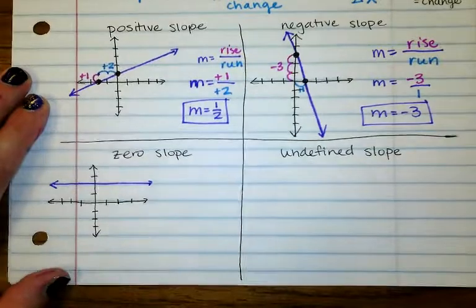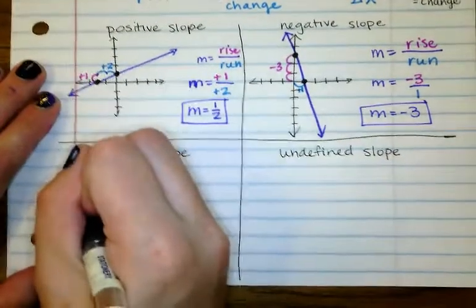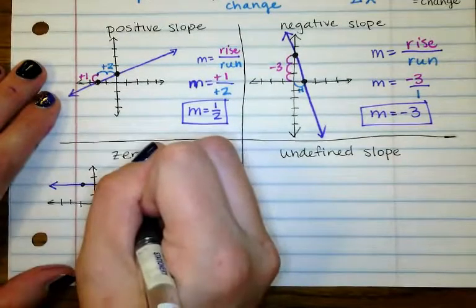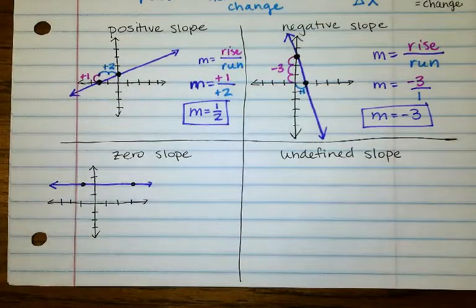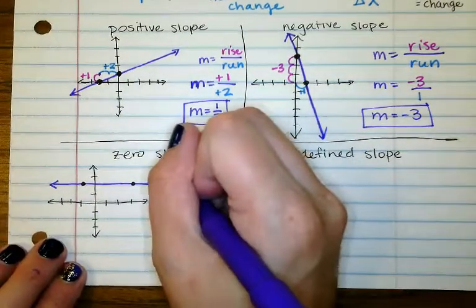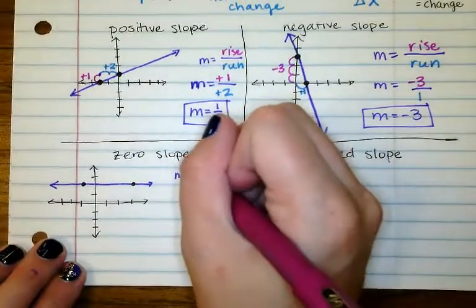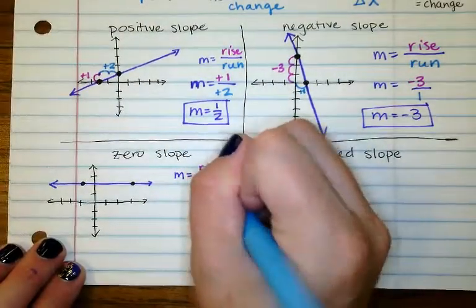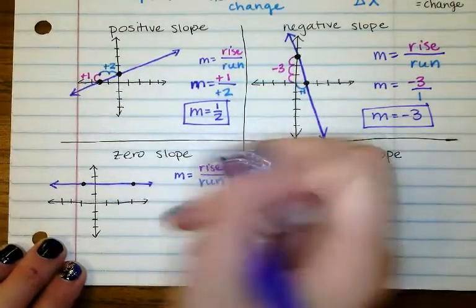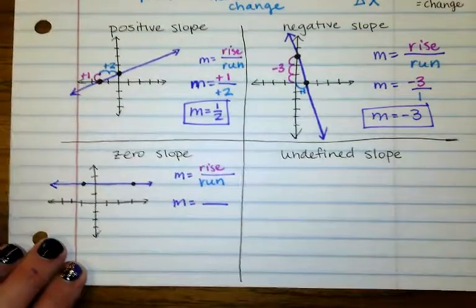Okay? Because check this out. If I pick any 2 points on this line, is there going to be any rise in my slope? Will it ever go up and down? No. So, in this case, my rise will be equal to 0 because it doesn't go up.